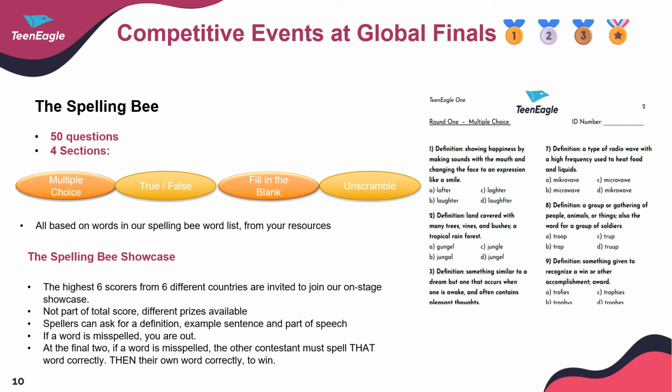They are allowed to ask for a definition and an example sentence and even a part of speech. And when you are giving the spelling of your word, you will do it in this fashion. Eagle, E-A-G-L-E, eagle. So you'll say the word, spell the word, and say it again.